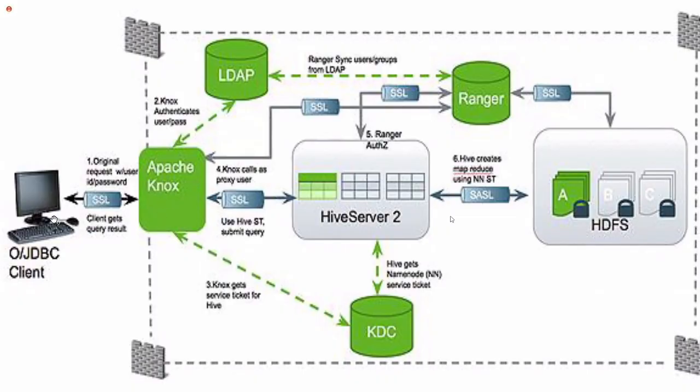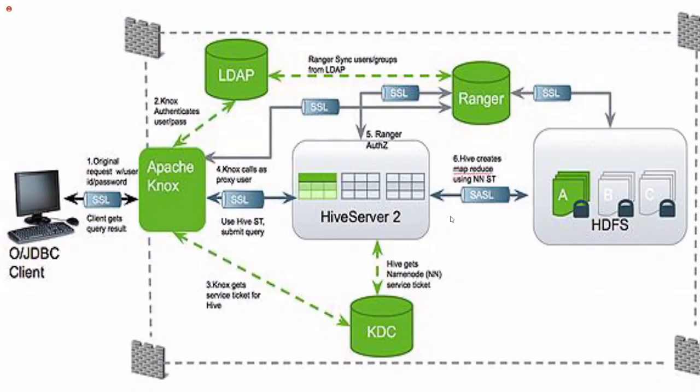Knox sends it back to this person. So when you send a request, it is doing this many things in the backend. Then only you receive your output, like a PDF statement or bank statement.